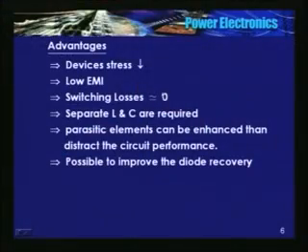Switching losses are practically eliminated. I said they require separate L and C. Now this L and C could be the parasitic elements themselves. See, these parasitic elements created an additional spike in the current or voltage during hard switching.